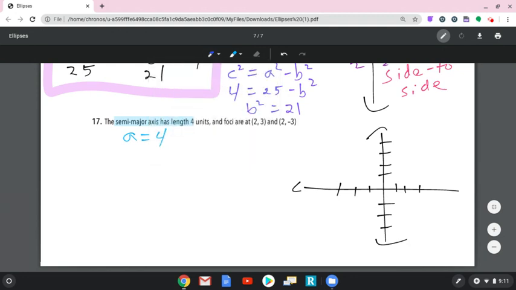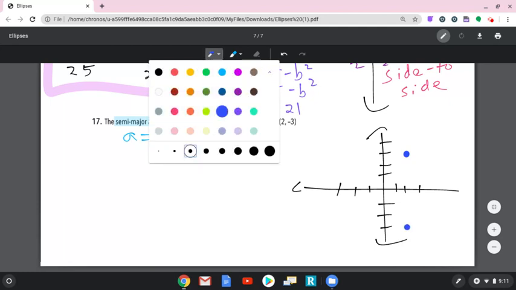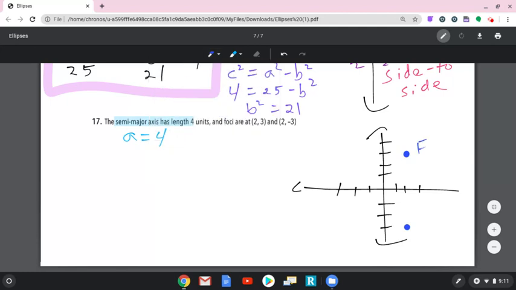I go 2 up, 1, 2, 3, and I go 2 down, 3. These foci are going vertically. So this is foci 1 and foci 2. That means if they're going vertically, I have an up and down ellipse because my foci are going vertically. Your foci are always on your major axis.